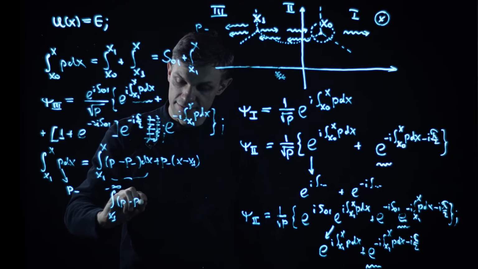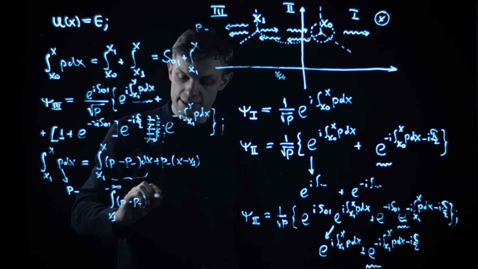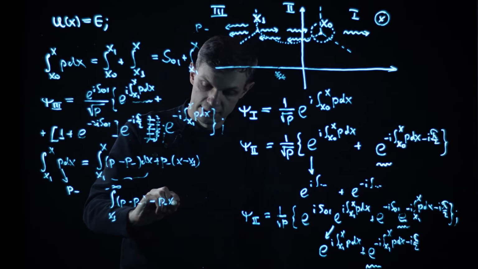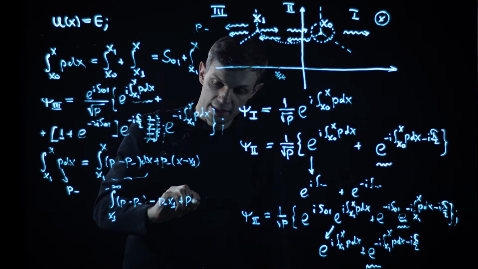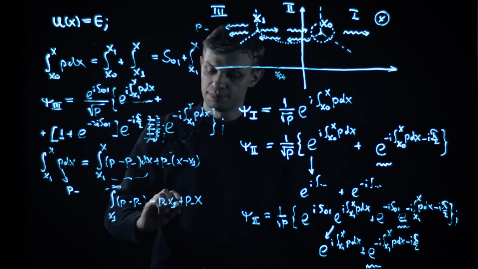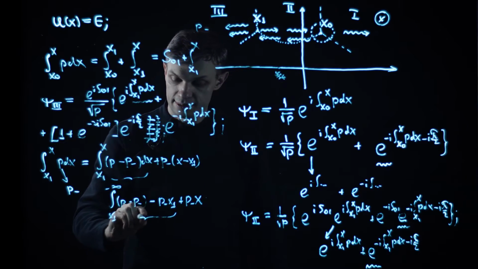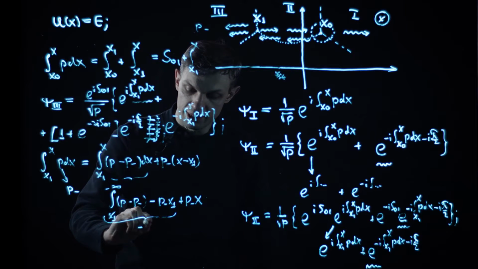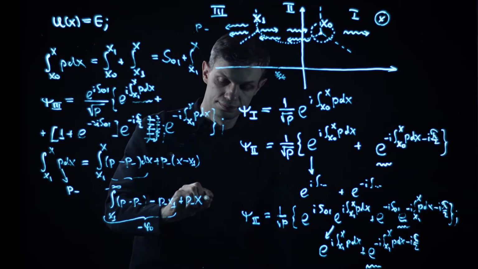So our semi-classical phase is now represented as a standard asymptotic p minus x, which is just a plane wave, plus some number which we denote minus phi naught.